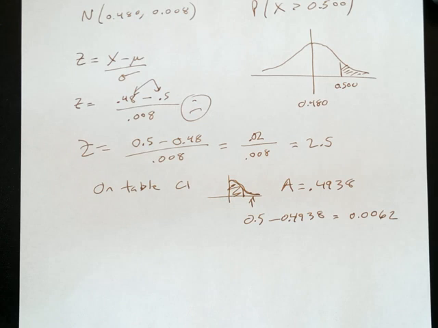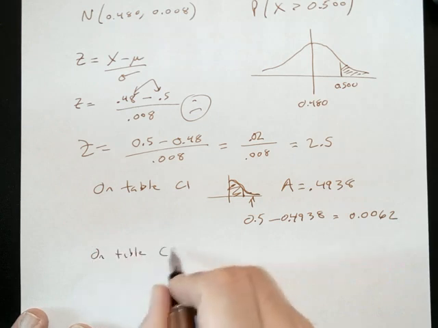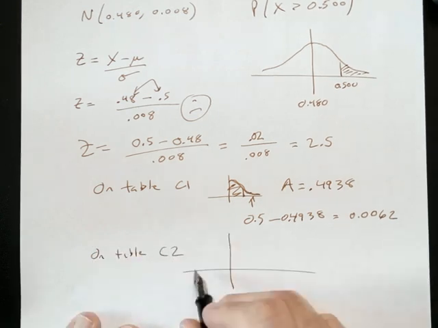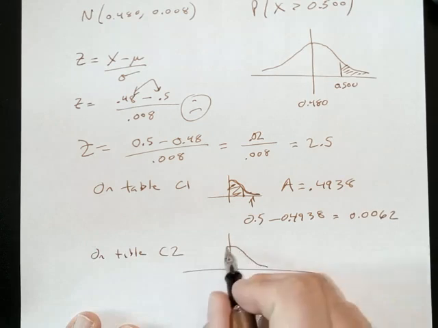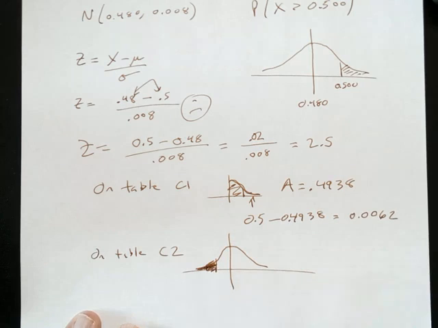But I only used table 1 because Kirsten suggested it. What if I use table 2? Table 2's picture looks like this.